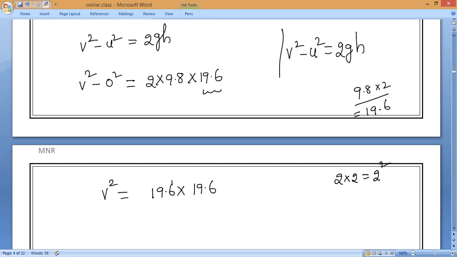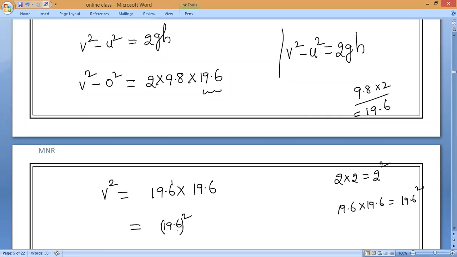You can see here, guys, 2 into 2, can I write it as 2 square? Same way, 19.6 into 19.6, I can write as 19.6 whole square.